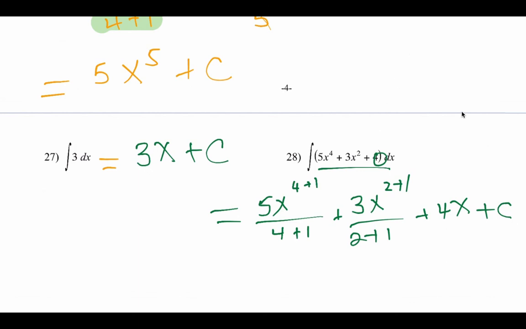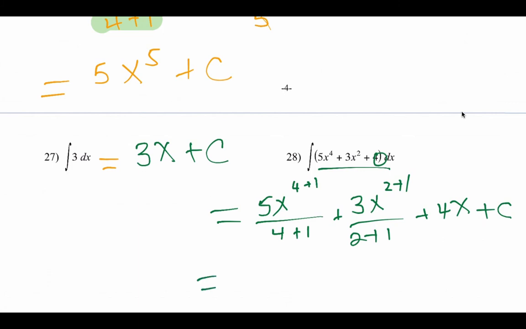The dx just tells you that this is the derivative, so you don't have to do anything with dx. Dx says this is the derivative function. So when you go backward to the original function, I don't need the dx anymore.